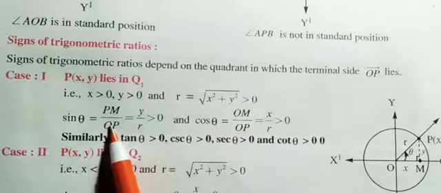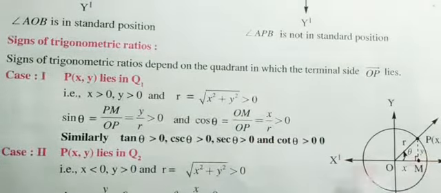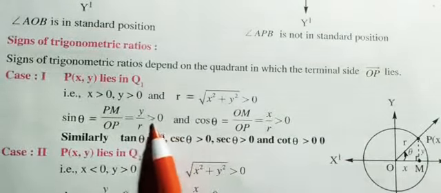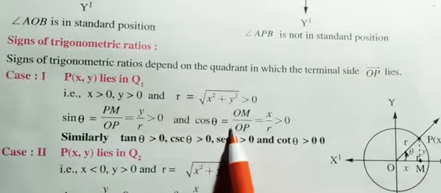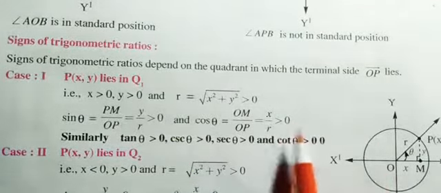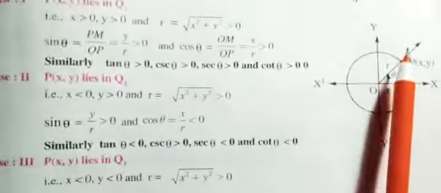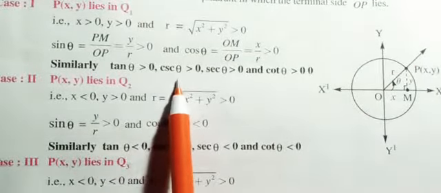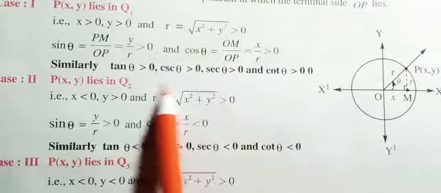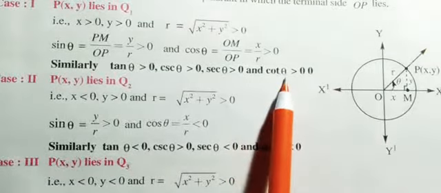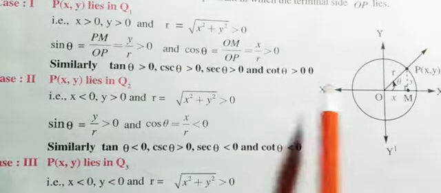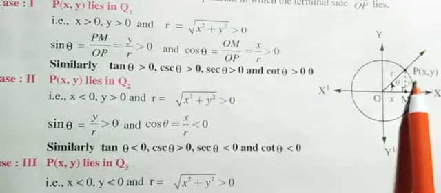Sin theta is equal to, from this triangle, y by r, which is greater than 0, and cos theta is also greater than 0. Similarly, tan theta, cosec theta, sec theta and cot theta are also greater than 0 in Q1.